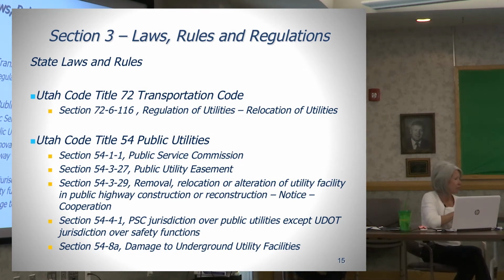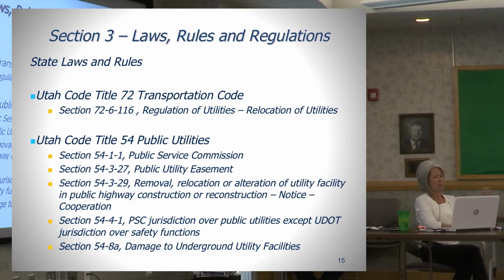Again, there have been a few changes in state laws since the manual was originally published. There are two state codes that deal with utility issues. One is the Transportation Code, Regulation of Utilities, Relocation of Utilities.